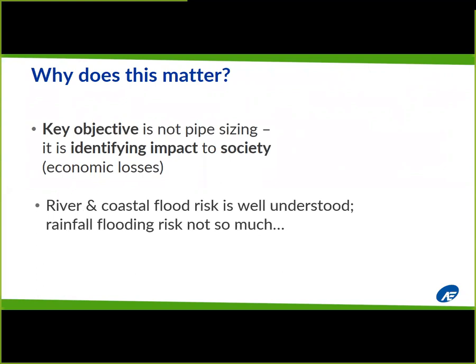Now, from a big picture perspective, flooding along rivers and coastal areas is generally well understood by municipalities because floodplain maps exist. They've got technical staff that can manage that sort of development-related risk and so on. But rainfall flooding risk from extreme rainfall events is not so well understood.